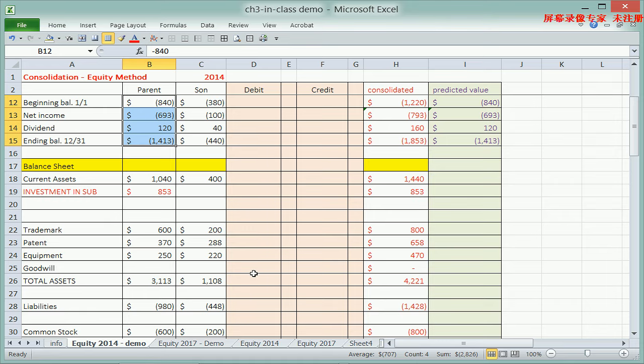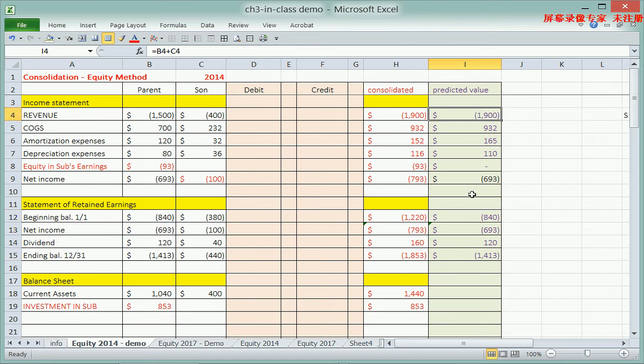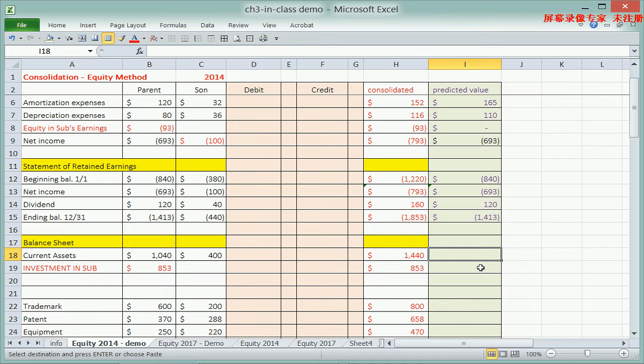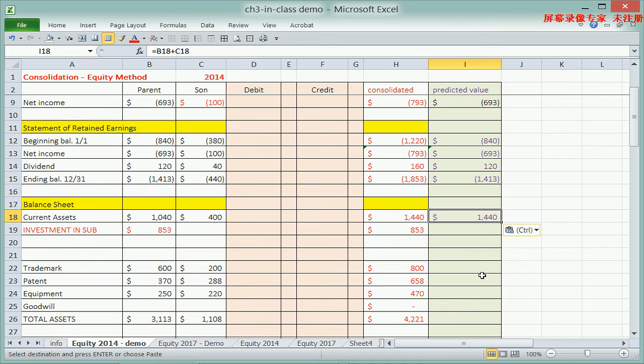The balance sheet. Basically it should be the parent plus the subsidiary for all the assets and liabilities, but we need to think about the adjustments along the line. For the current assets, there is a specific case where the book talks about the parent and the subsidiary having some inter-entity loans. The parent lends some money to the sub, or the other way around, it doesn't matter.